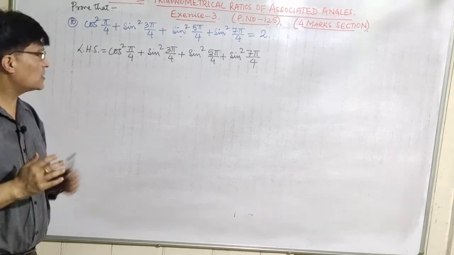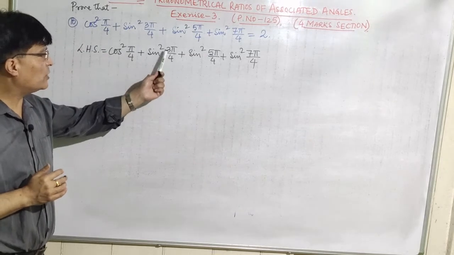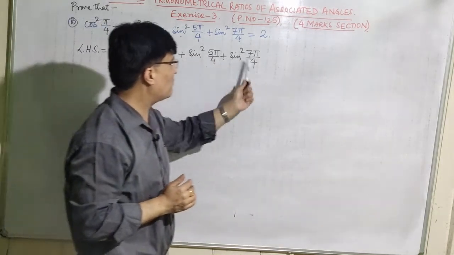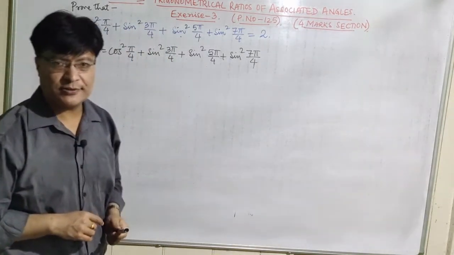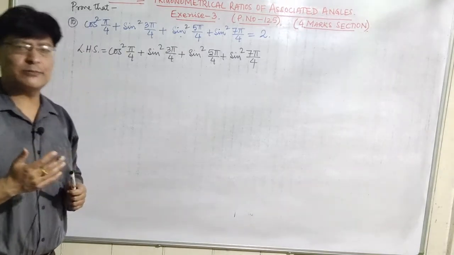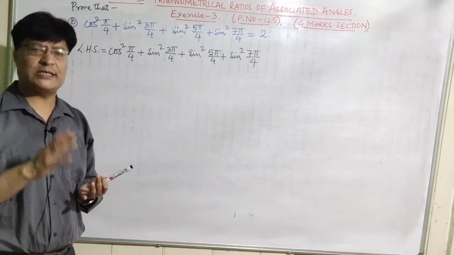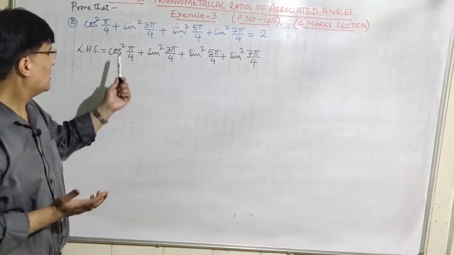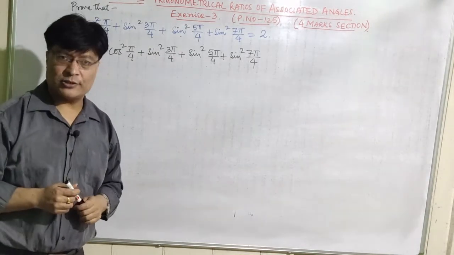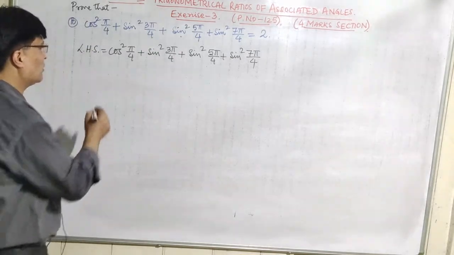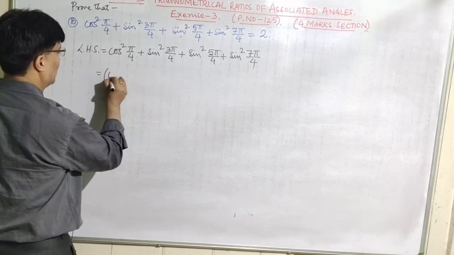In this case, pi by 4 into 3, pi by 4 into 5, pi by 4 into 7, these are standard angles. Because you can write it in terms of 0 degree, 30 degree, 45 degree, 60 and 90 degree and so on. That's why it is known as standard angles. Since this is whole square, you can write it within whole square, right?